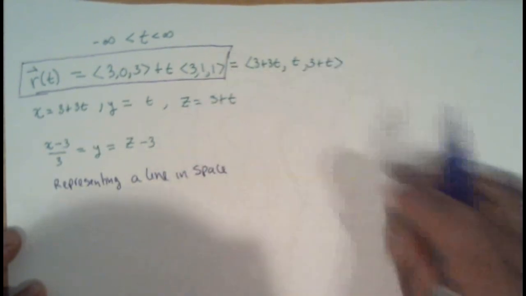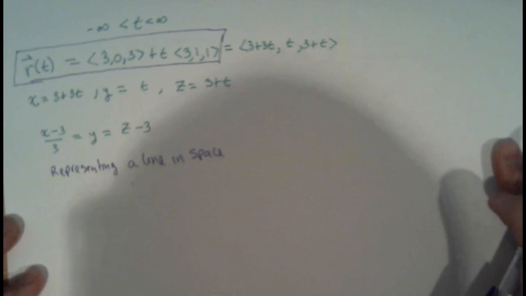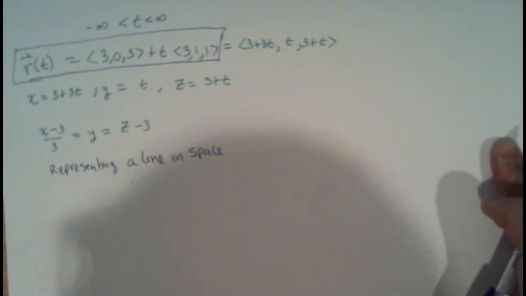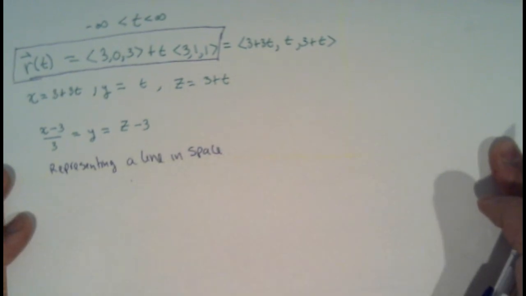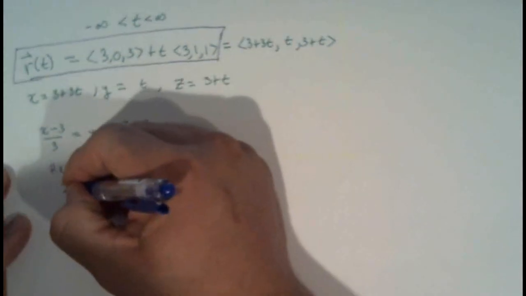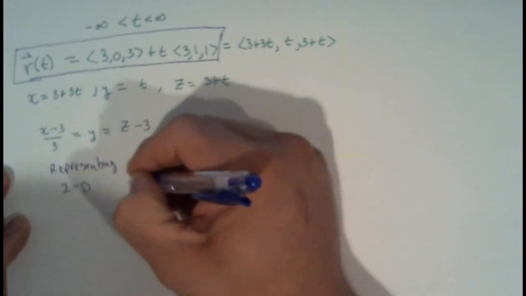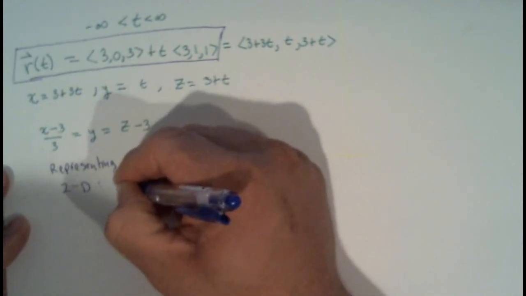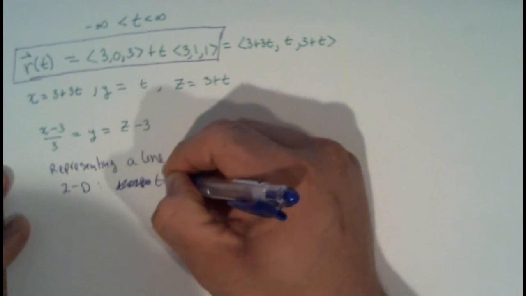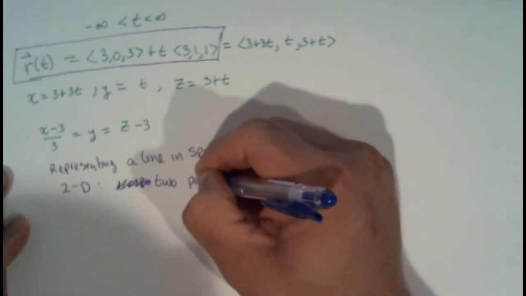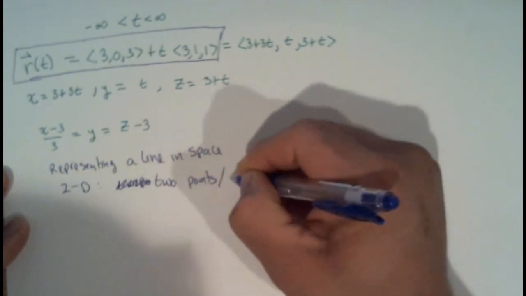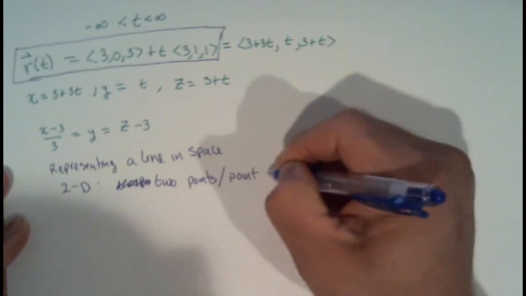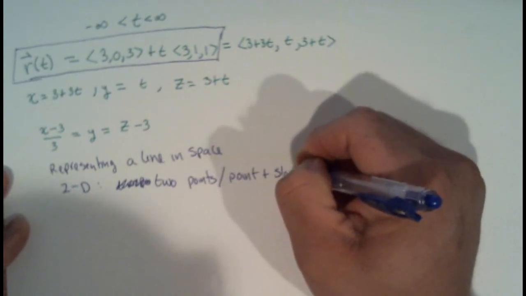when we are in two dimensions in our x and y plane, we needed really a point and a slope, or 2 points, and then we can find the slope from there. So in 2D, what's required is either 2 points, or we can get by with a point plus a slope.